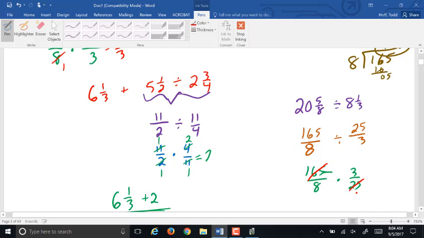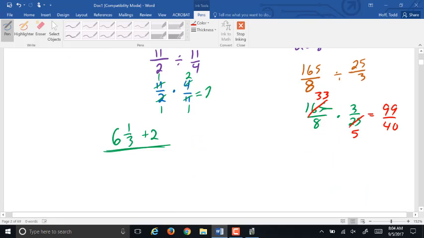Both the 165 and 25 divide by 5. 25 divided by 5 is 5. 165 divided by 5 is 33. 33 times 3 is 99. 8 times 5 is 40. 40 goes into 99 twice with 19 left over.